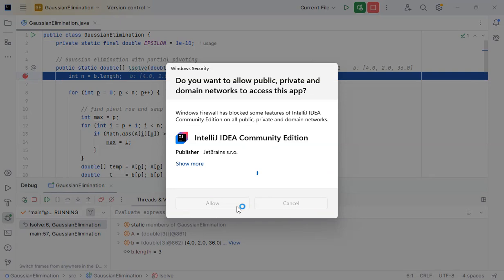Let us figure out math.abs, and we can copy that and insert it here. You see it's false. So if it is false, then we don't go inside.